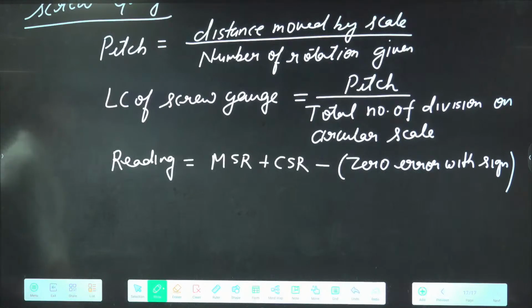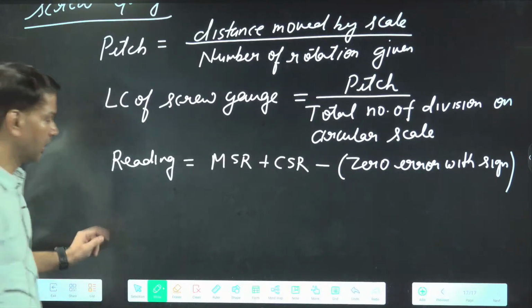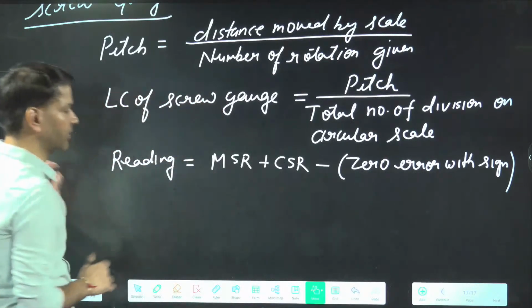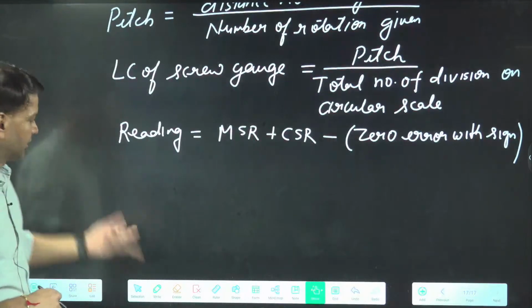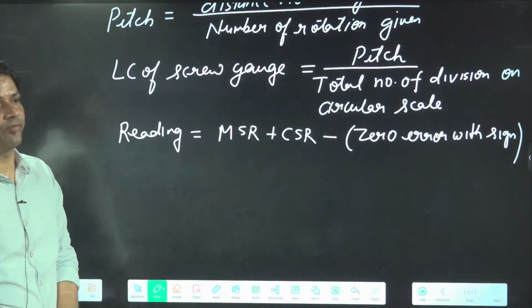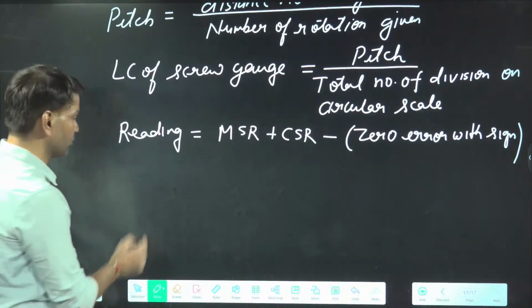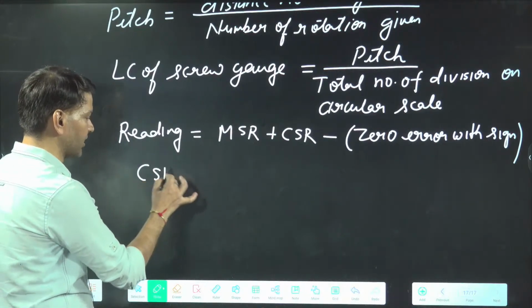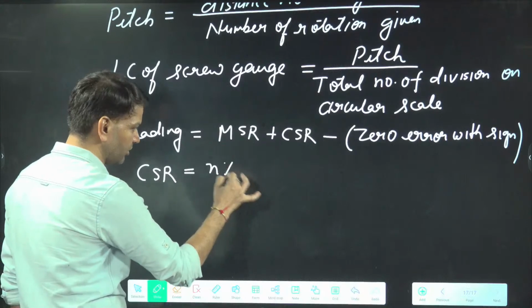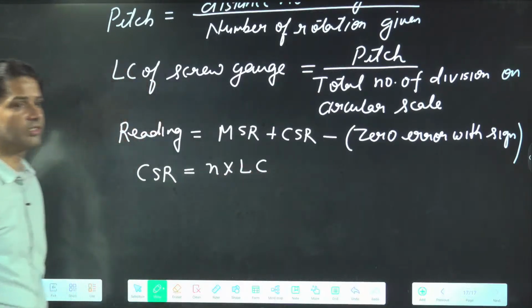Now again, MSR they will directly give, and zero error they will give with a sign. How do we calculate the CSR? Same as VSR, CSR is equal to N into least count. What is N here?